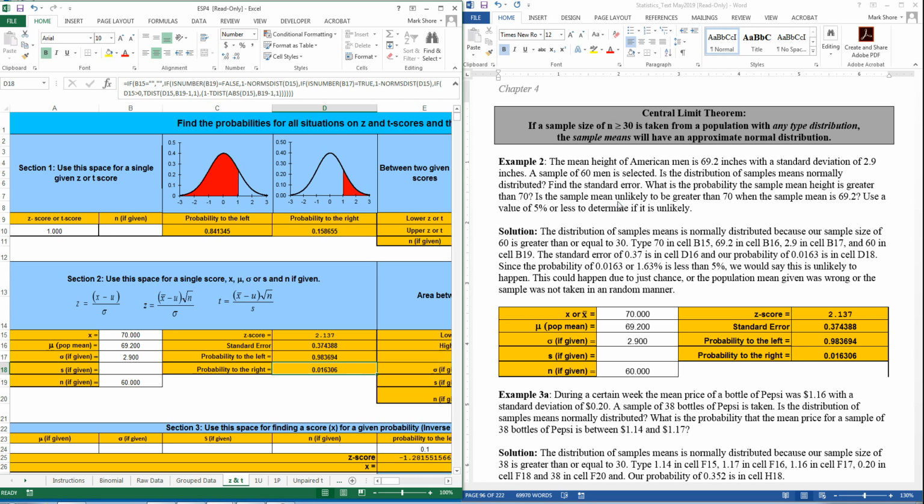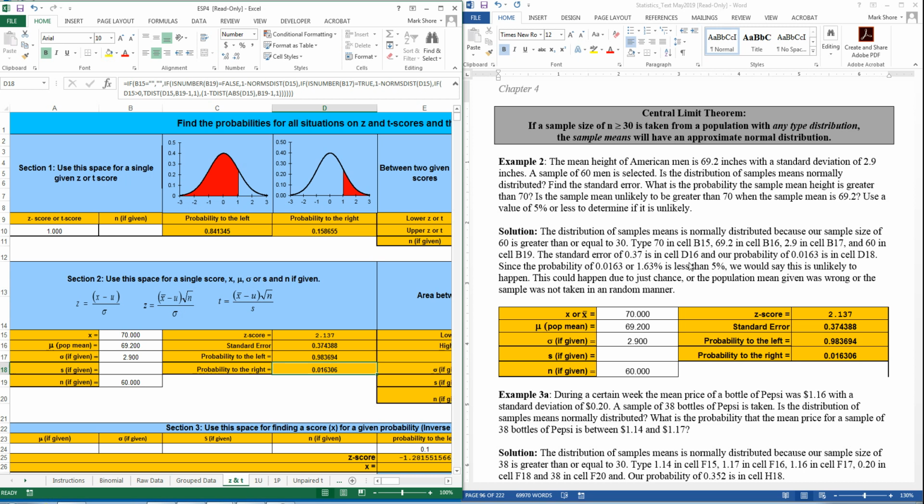Now here it says, is the sample mean unlikely to be greater than 70 when actually the population mean is 69.2? Well, yeah, it's unlikely. The reason is because this value right here, 0.016, is a 1.6% chance that this could happen.